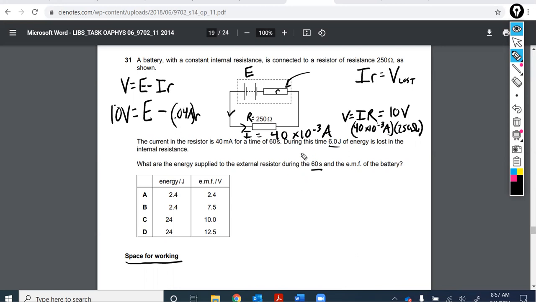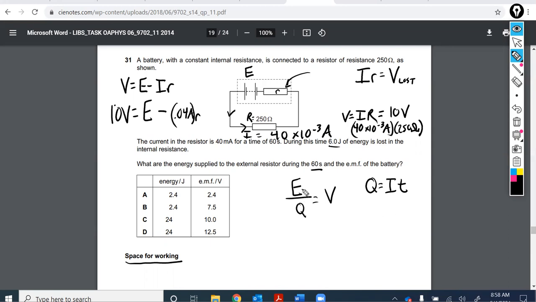So if the energy lost in the internal resistor is 6 joules, energy divided by charge is equal to voltage, and that would be the lost volts. We know the total energy, and we don't know the total charge, but we can calculate it using charge equals current times time.